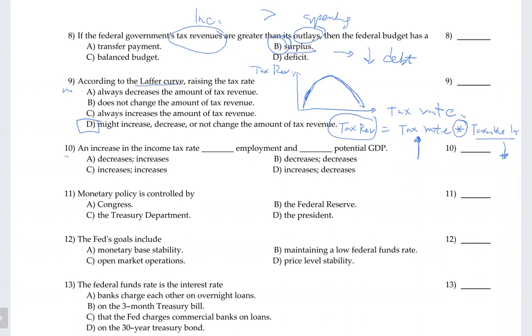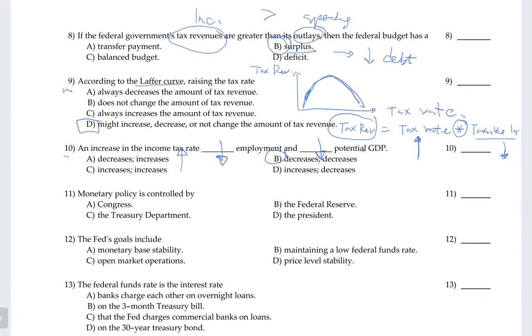Number 10, an increase in income tax rate, employment, potential GDP. Okay. The answer is B. A higher tax rate reduces employment, and then reduces potential GDP, because tax usually will distort or reduce your incentive to work and to invest.